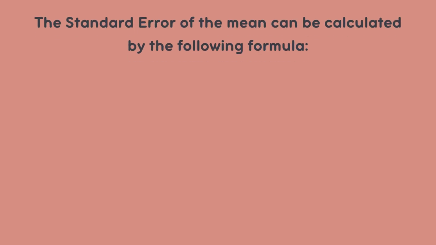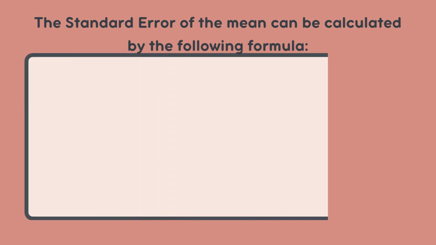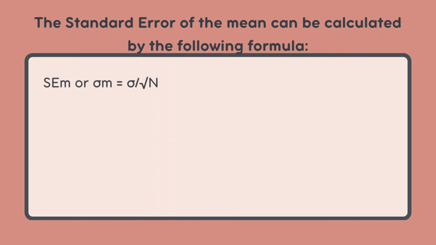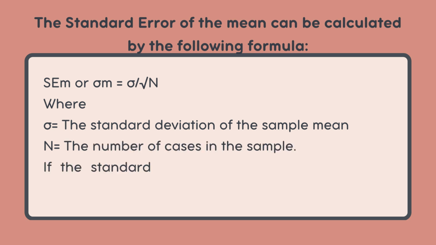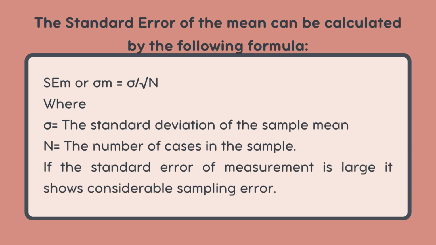The standard error of the mean can be calculated by the following formula: the standard error of the mean, or sigma, is equal to sigma upon root n, where sigma is the standard deviation of the sample and n is the number of cases in the sample. If the standard error is large, it shows considerable sampling error.